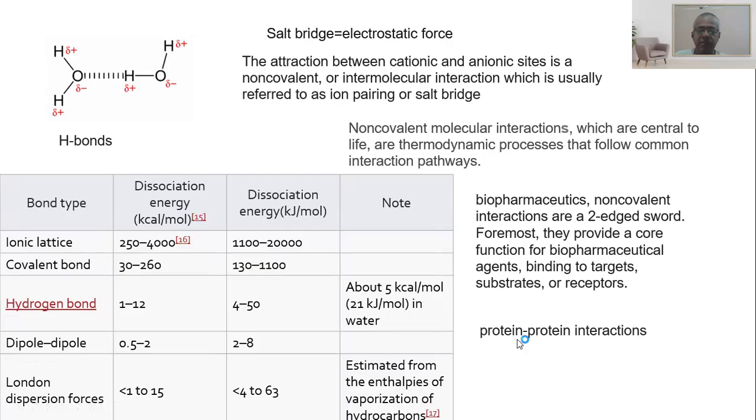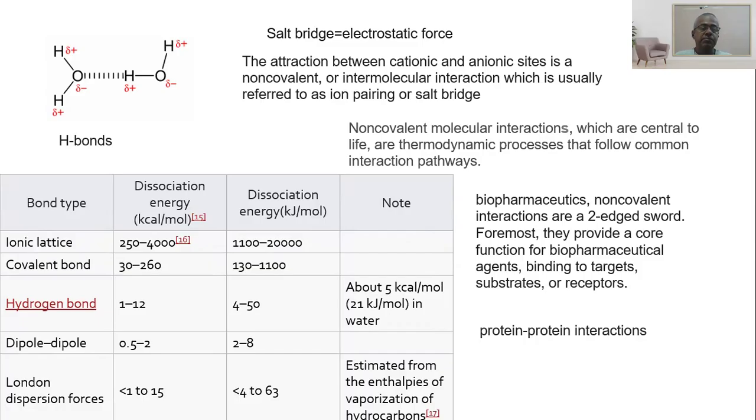You can see here in the chart there are various bond types, and it's very important to understand their dissociation energy. Dissociation energy is important because when a bond is non-covalent, it is not linked, right?